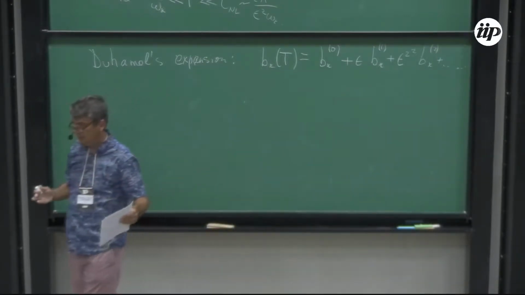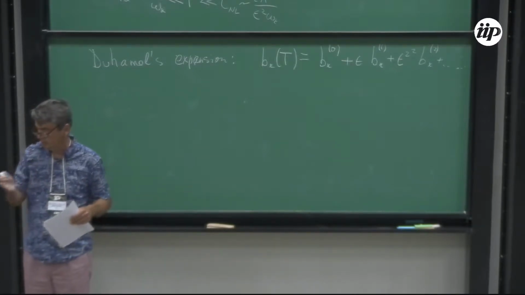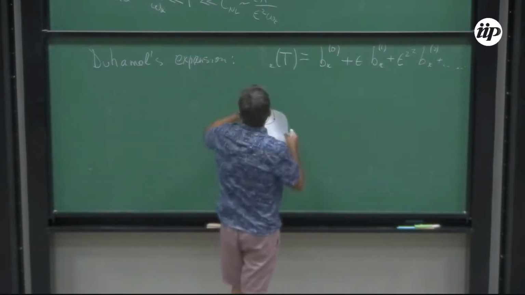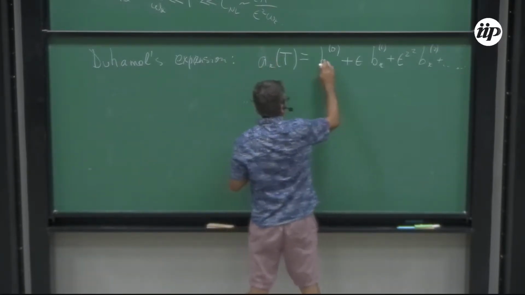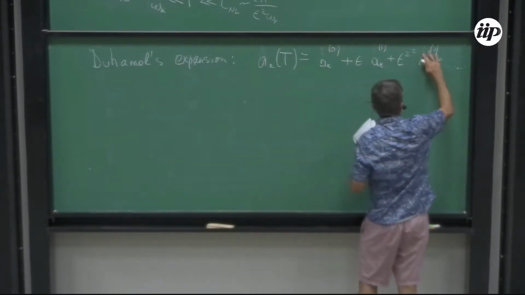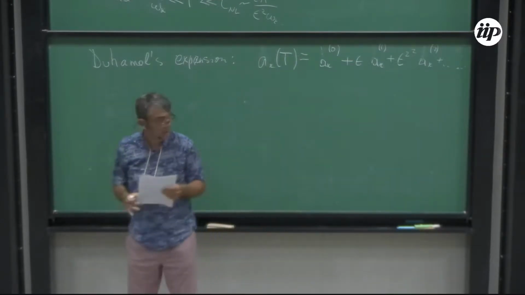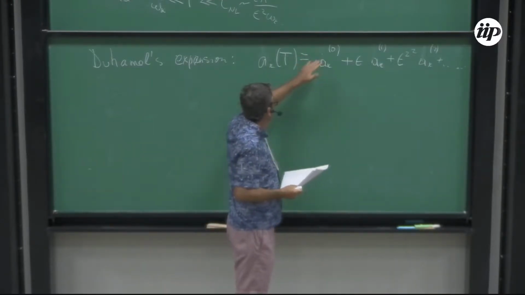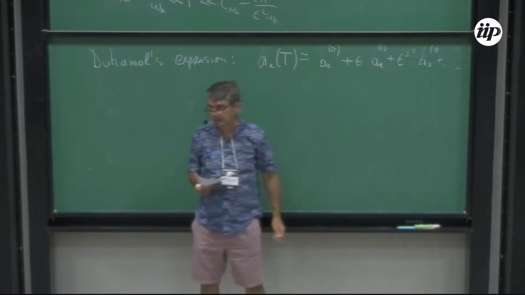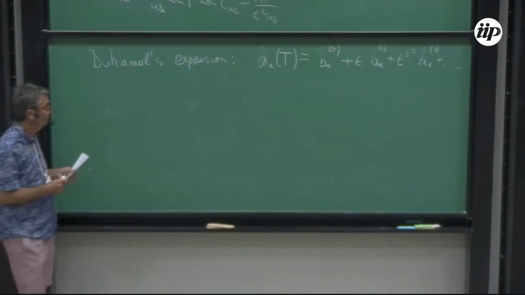I assume that I know my initial condition at t equal to 0, and I want to find this A_k. So I know the initial condition, and I want to find the solution represented as a series in the nonlinear parameter, right?